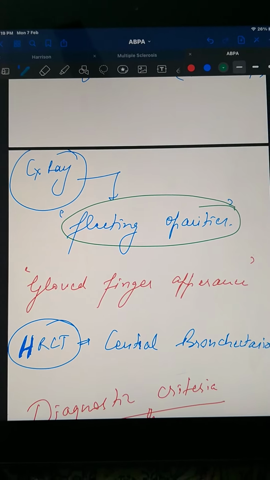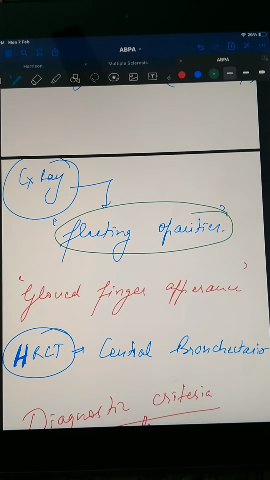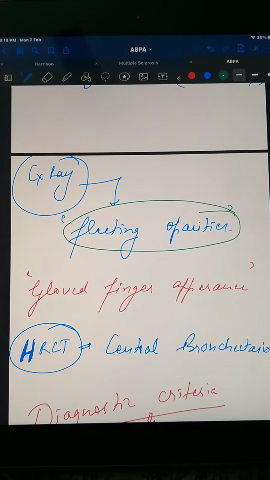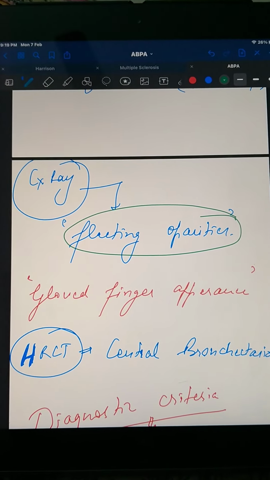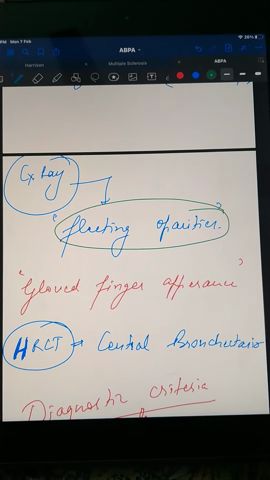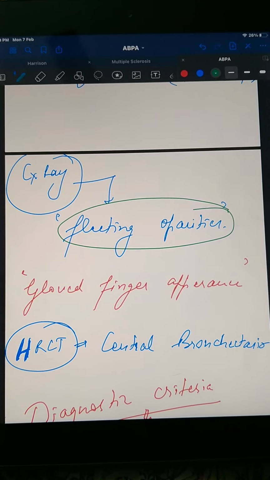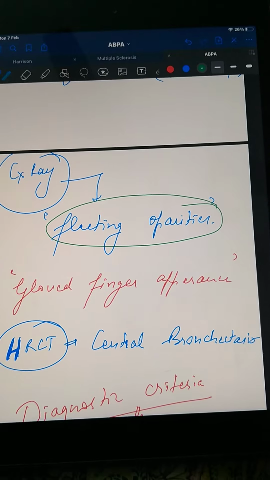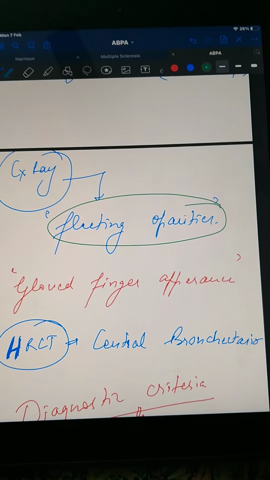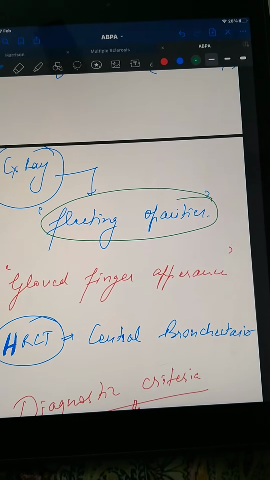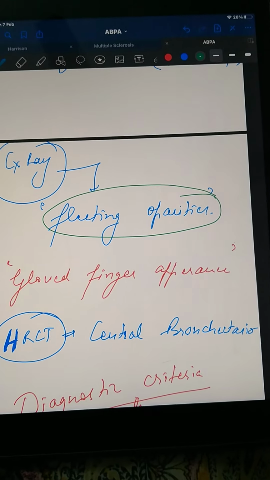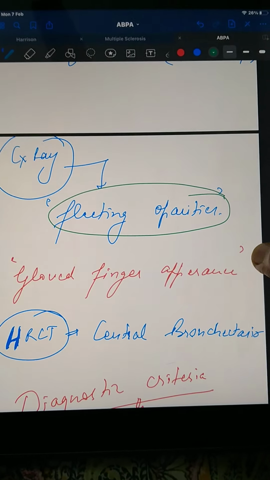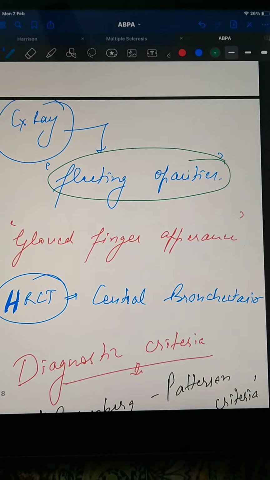Let's say we did an X-ray of the patient 1 or 2 weeks ago, and when we repeat the X-ray, the opacities that were present in the upper lobe are gone and some other area has opacity. When we repeat again after 2 weeks, some other area is involved. So these opacities are fleeting, migratory in nature. These are again typical of ABPA.